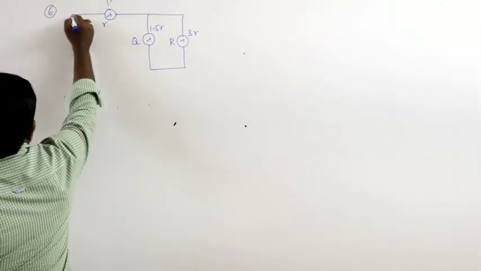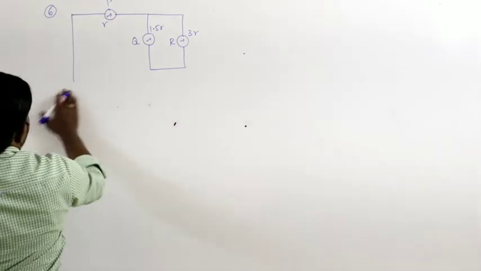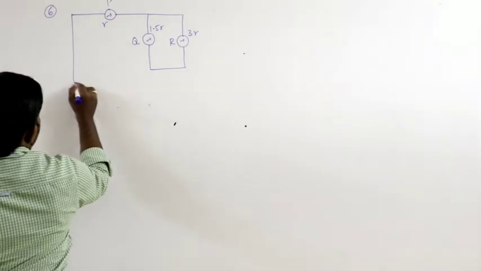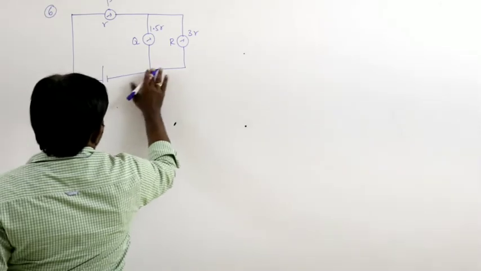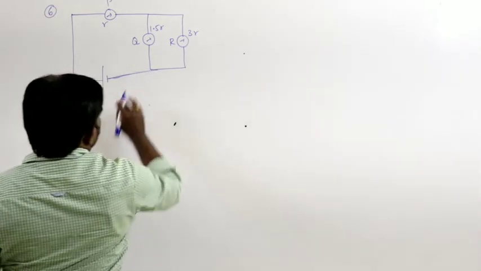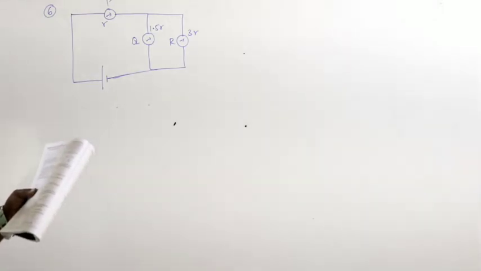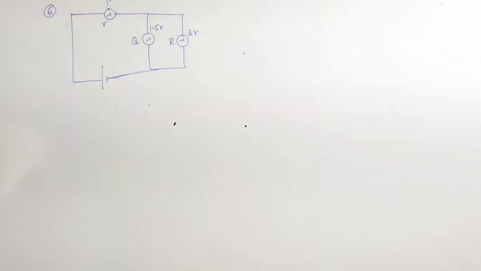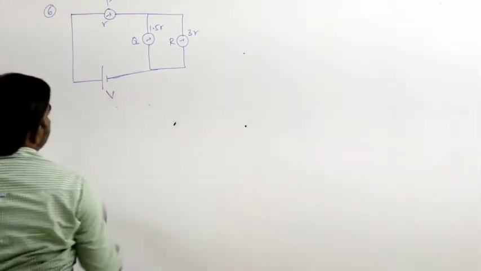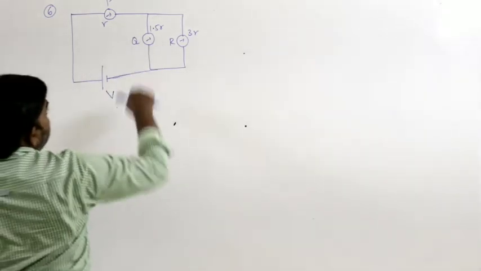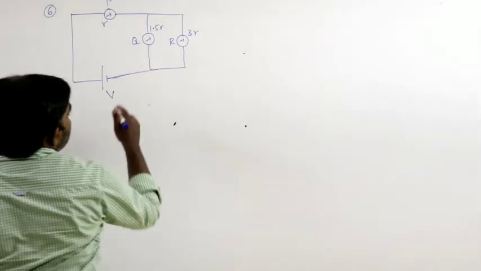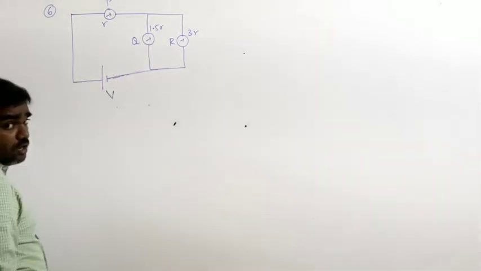Next, these are connected to the battery like this. The ratio of readings of P, Q, R, how can you calculate? Let us say the voltage is V. First calculate the effective resistance. Q and R are in parallel.